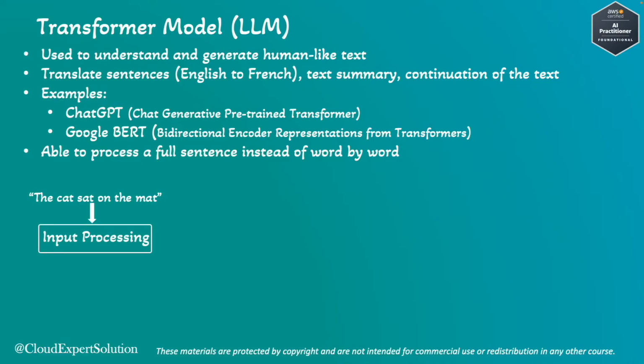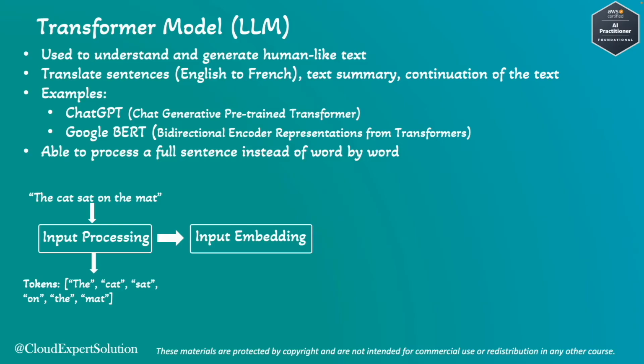In this input processing, the transformer will take the text data and break it down into smaller pieces or fragments called tokens. So once the input processing layer has worked, we'll get a bunch of tokens, and you can see the sentence the cat sat on the mat broken into small fragments: the, cat, sat, on, the, mat. These are all individual tokens.